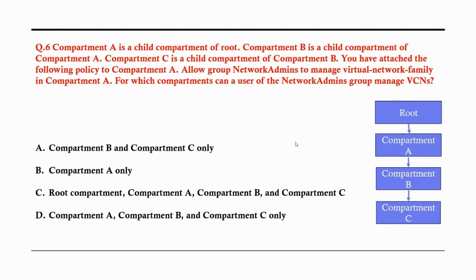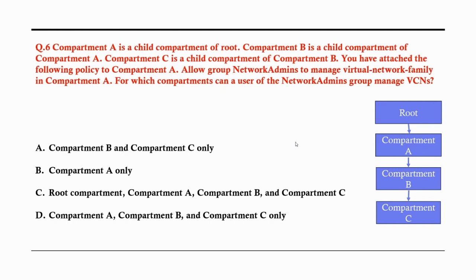Question 6. Compartment A is a child compartment of the root. Compartment B is a child compartment of compartment A. Compartment C is a child compartment of compartment B. You have attached the following policy to compartment A: Allow group network admin to manage virtual network family in compartment A. You can see the diagram on the right hand side.